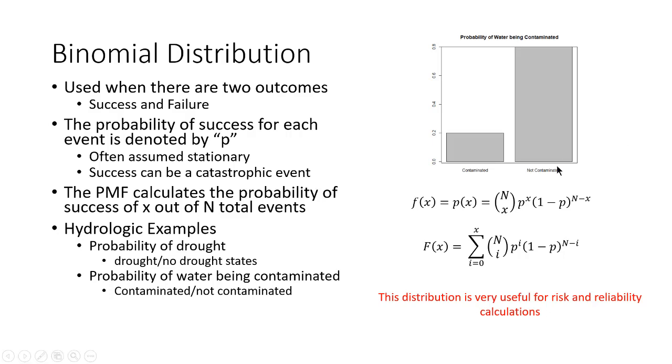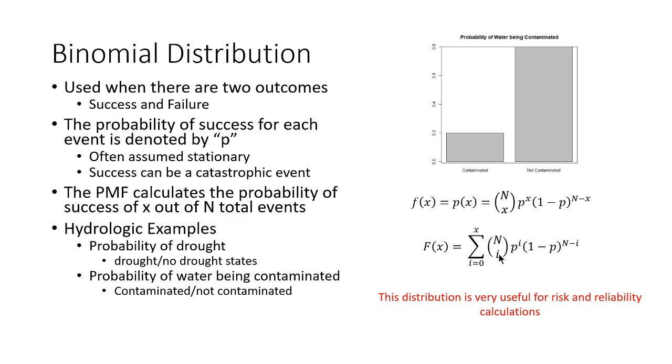So in that case, I sum up for values of i from 0 to 3, using the combination function and the probability. You can make these calculations in Excel using the COMBIN function, or R gives you functions to get binomial distributions.